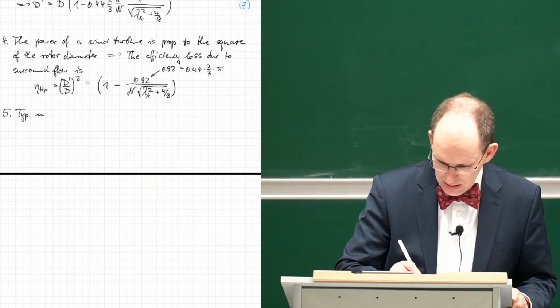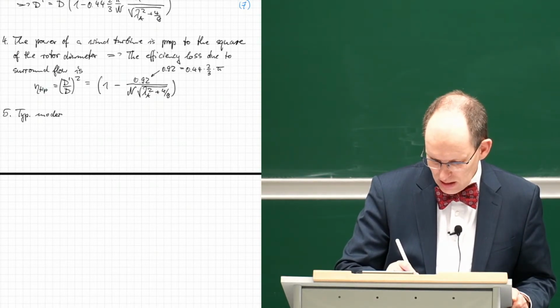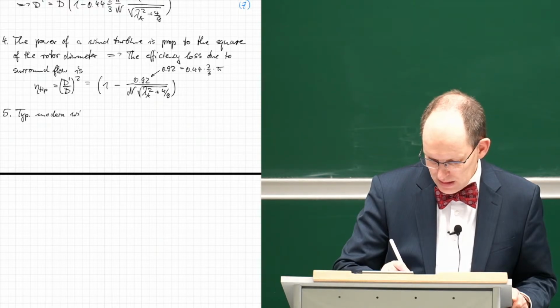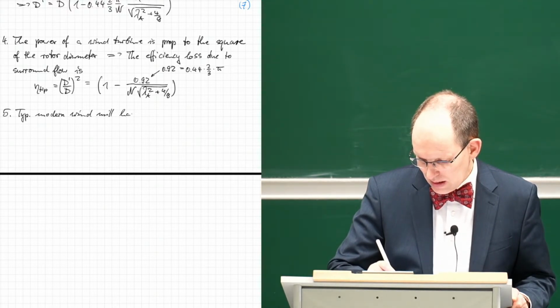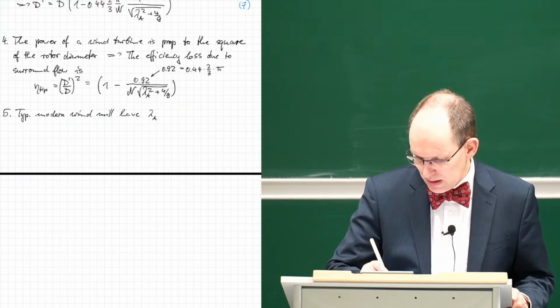Typical modern windmills have lambda A on the order of, say, 7.